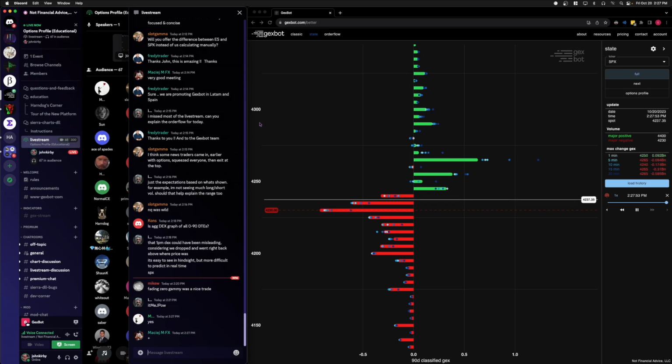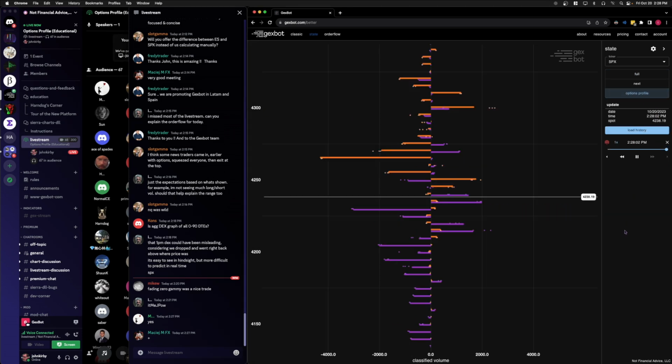So it looks like we are coming down into that 35 level that I was looking for a little while back. Let's see how the profile has changed. Okay, looks like short puts at that 30 are growing. They think that that's safe.